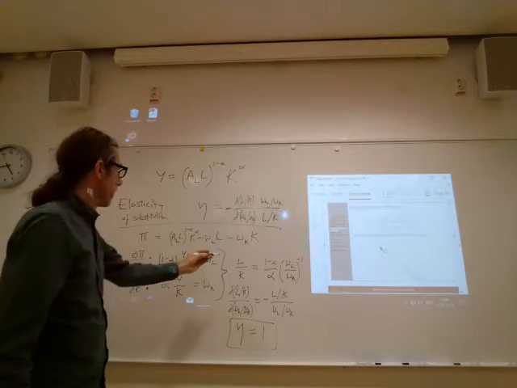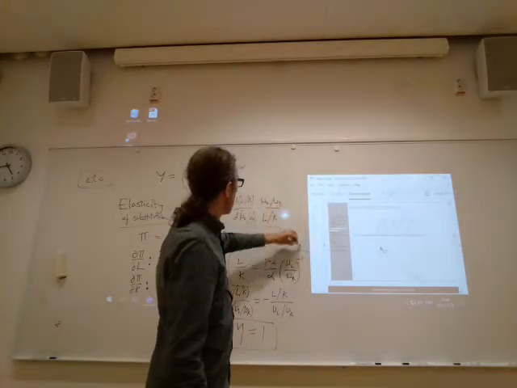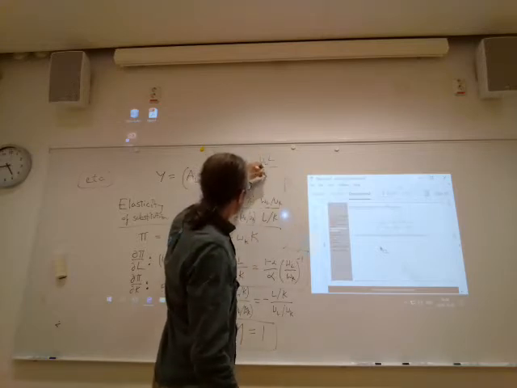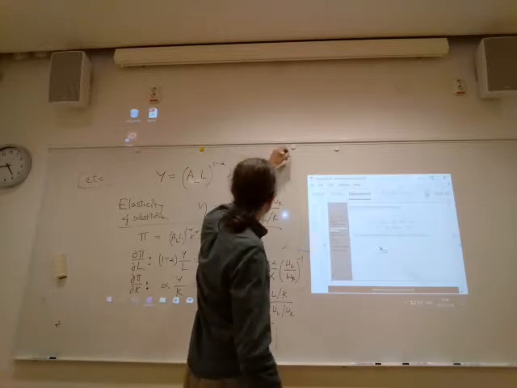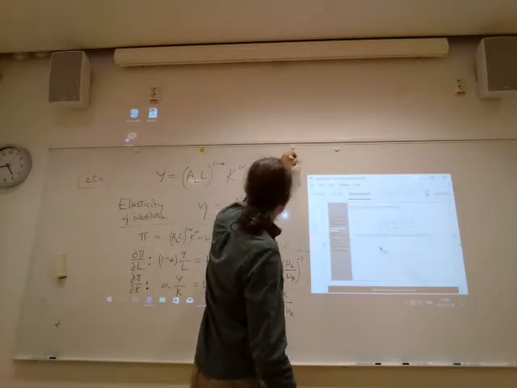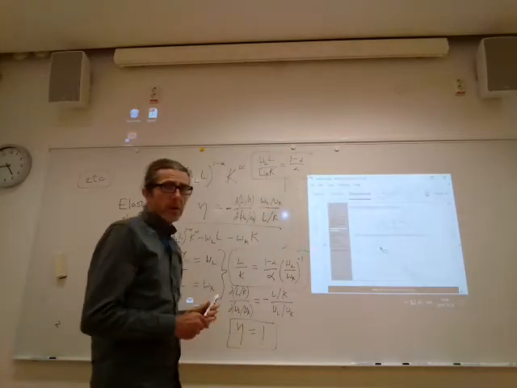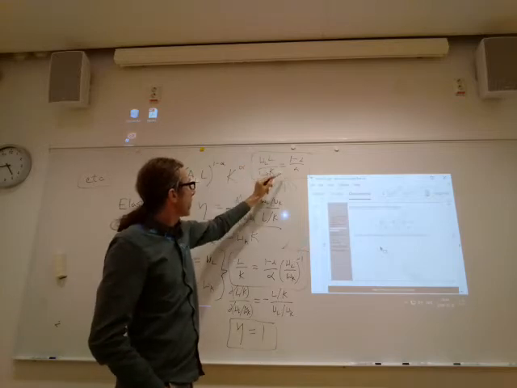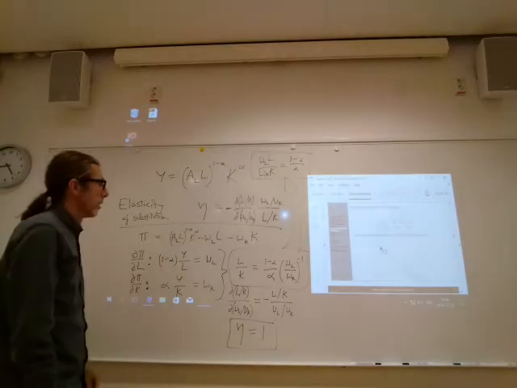Another way of thinking about it is, from here, we can say that WL L over WK K is (1 minus alpha) over alpha, which means that returns to labor and returns to capital are constant relative to one another.